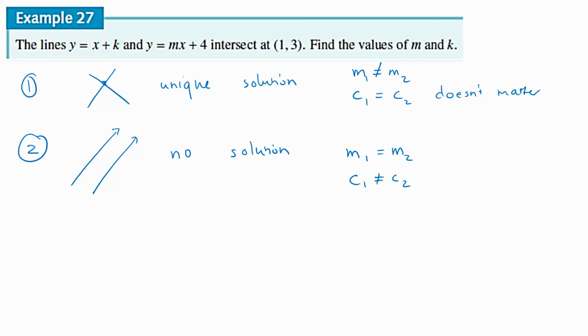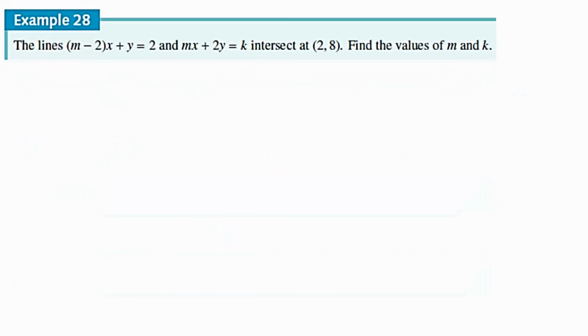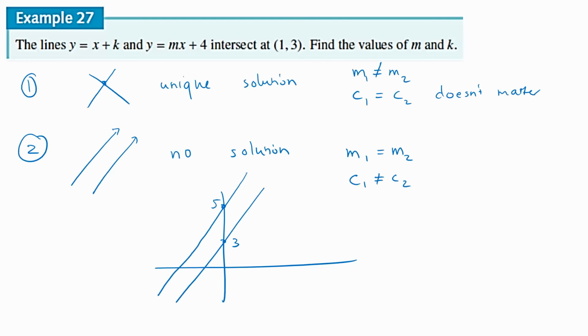They have to have the same gradient, same slant, but they don't cross the same y-axis point. So if I draw 2 lines right now, let's say it crosses 3, okay, it has a gradient of 1. To draw a parallel line, I have to make sure it crosses somewhere else, so maybe like 5. So it wouldn't cross at the same y-intercept. Different y-intercept, same gradient. That's when you have 2 parallel lines, no solution.